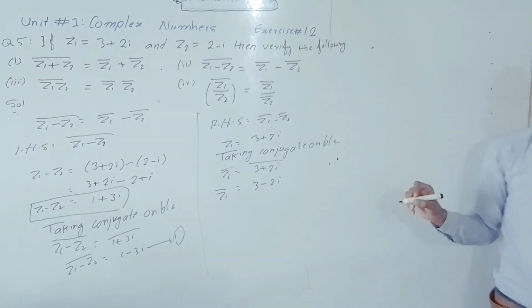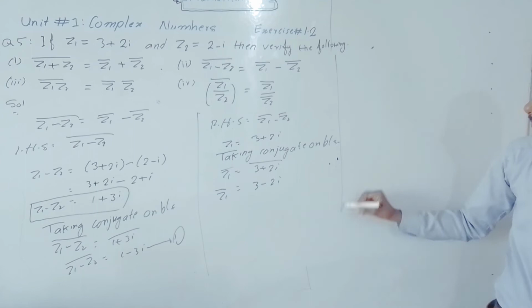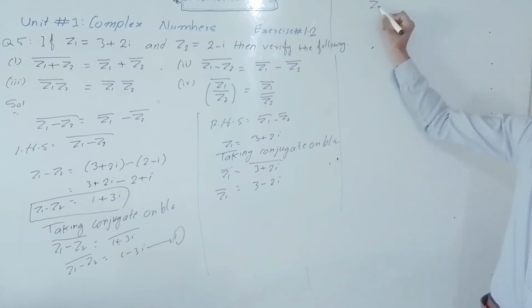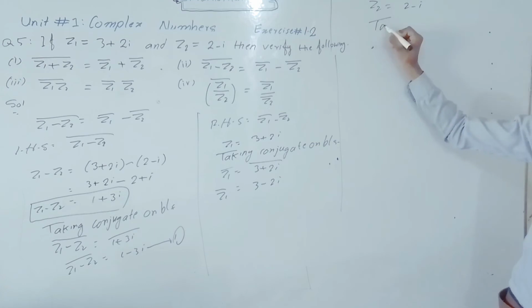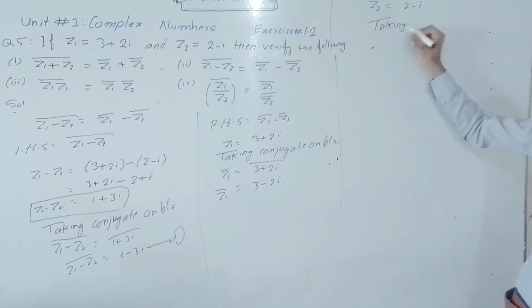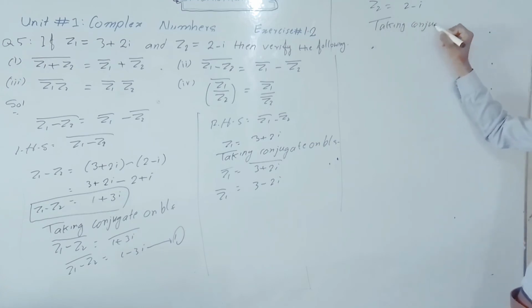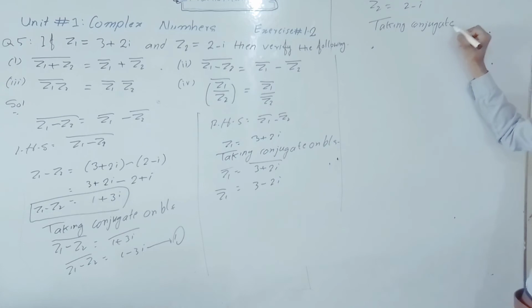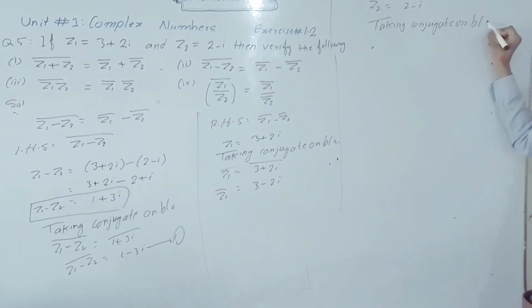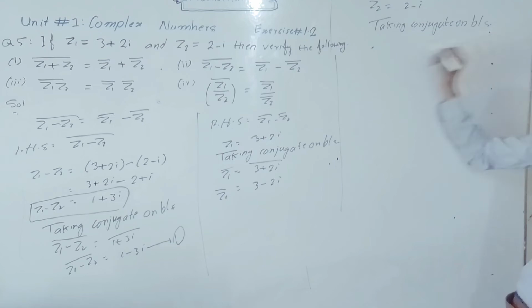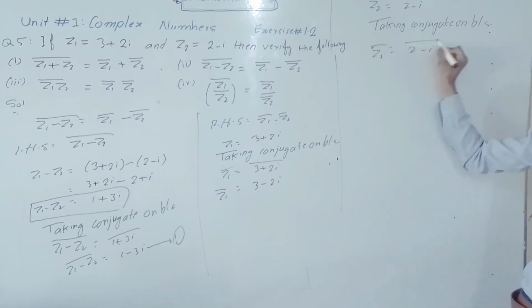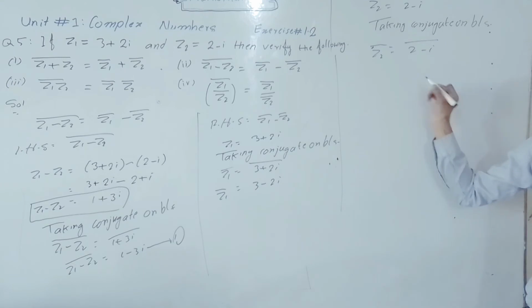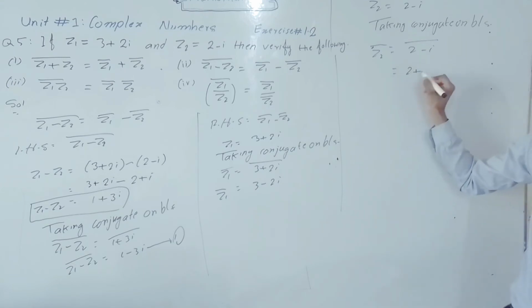So next, Z2 is equal to 2 minus iota. Taking conjugate on both sides, Z2 conjugate is equal to 2 minus iota whole conjugate, which is equal to 2 plus iota.